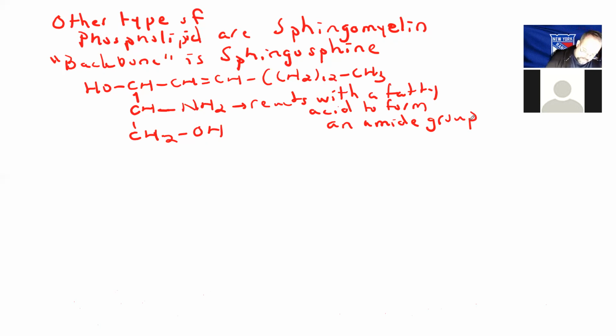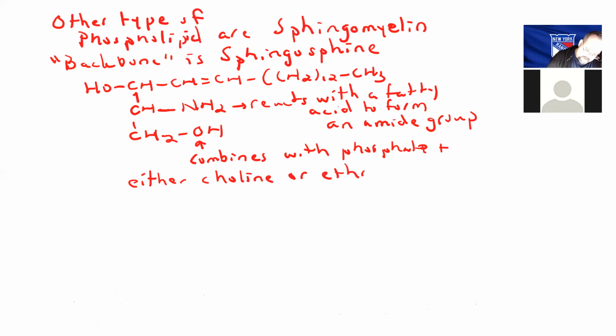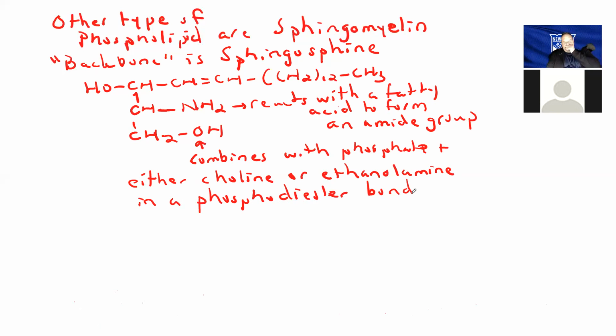And then the OH portion combines with phosphate and either choline or ethanolamine in a phosphodiester bond, just like a glycerophospholipid does with that third OH in glycerol.